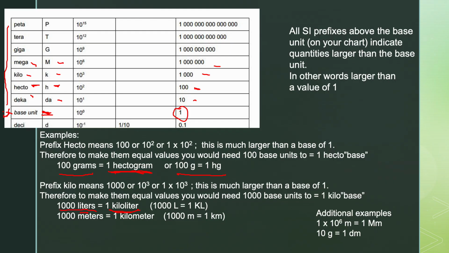In this case, 1,000 liters. 1,000 liters is 1 kiloliter. If I change my base unit to meters instead of liters, if I had a kilometer, then again, adding kilo to that base unit of the meter just made that value go up. It's much larger. How much? I would need 1,000 meters to equal the 1 kilometer.